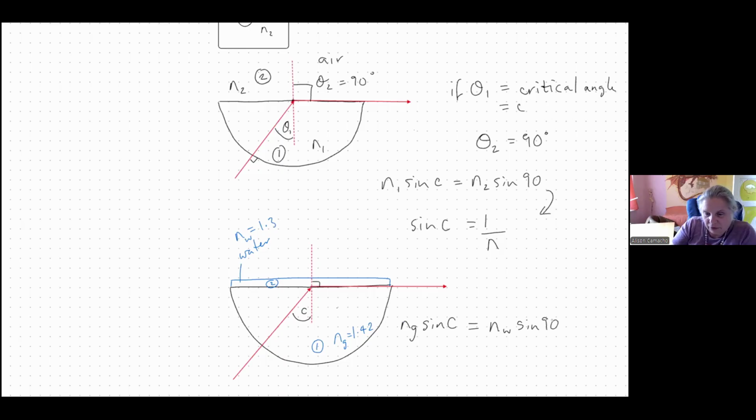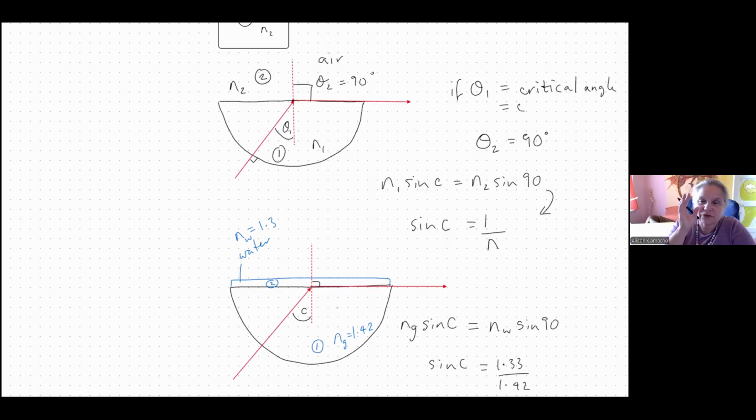This is for my critical angle. So sine C is now N for water, 1.33, times sine 90, still 1, divided by N for my glass, 1.42. But can you see it's no longer 1 over N? It's N for the water divided by N for the glass. The equation sine C equals 1 over N does not apply, because the 1 requires that you've got air as your second material. And here we do not have air as my second material.